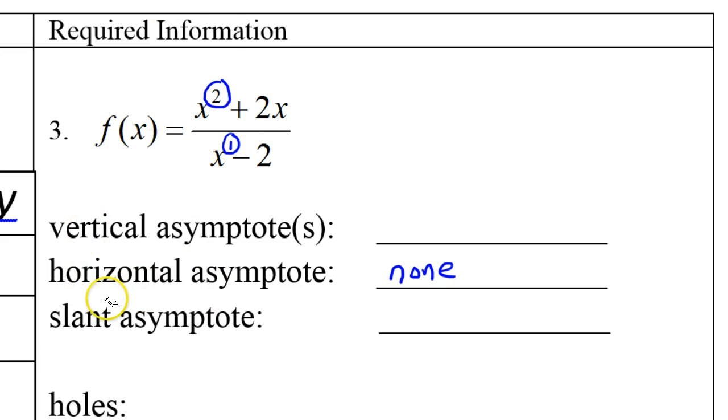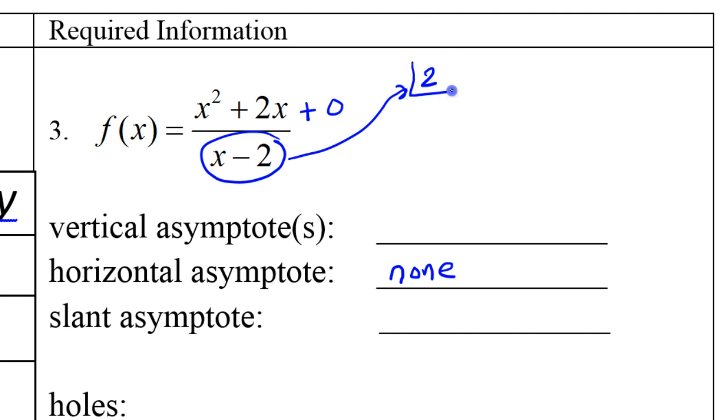To find the slant asymptote, I will divide. Since it's just a simple x minus 2, I can do synthetic division. Be careful, this is missing the constant term. So if I do my synthetic division, the x minus 2, from that I'm going to put a positive 2 in the box.